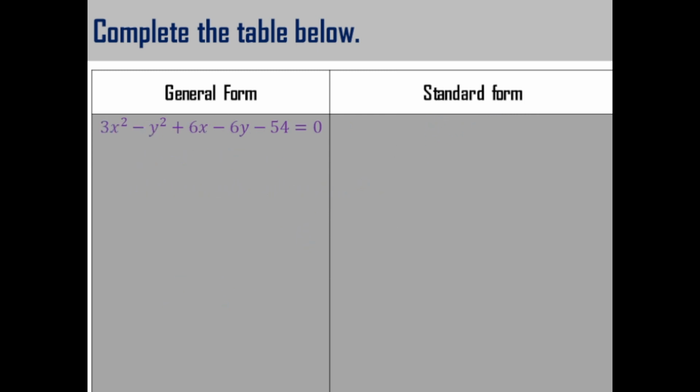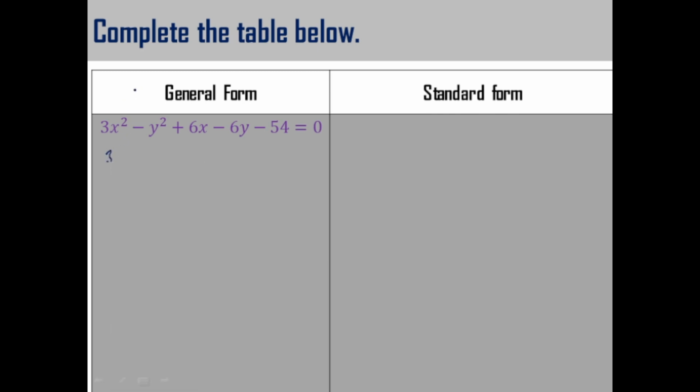Let's move on to, I think, the last equation. 3x squared minus y squared plus 6x minus 6y minus 54 equals 0. Okay. So kapag binigyan ko po kayo ng ganitong problem, arrange lang po according sa kanyang variable. So dito, first yung ating x.